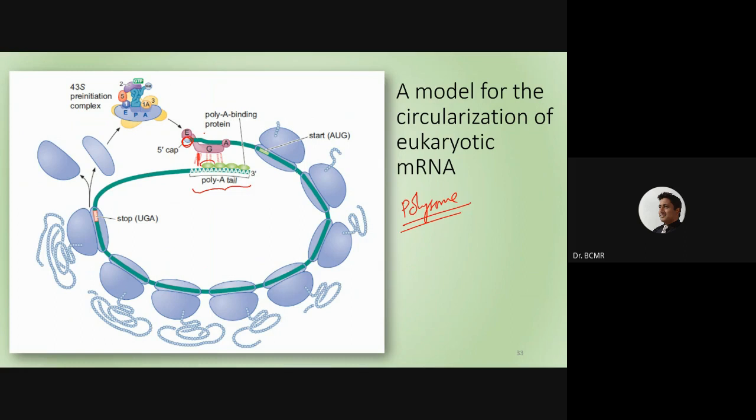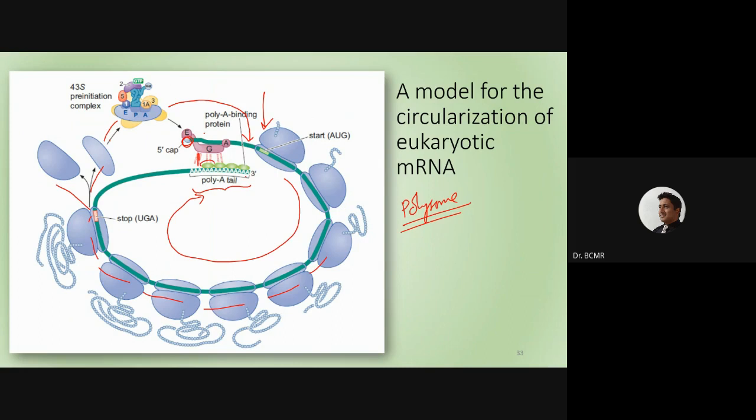So basically it's like a circle now and continuous. Initiation starts here, and then ribosomes keep moving along the mRNA, stop codon termination occurs, and the ribosomes dissociate. Again, a new set of recognition happens, and there are continuous rounds of translation: initiation, elongation, termination, and again reinitiation.